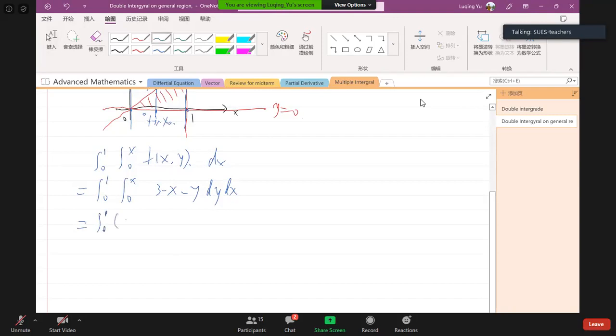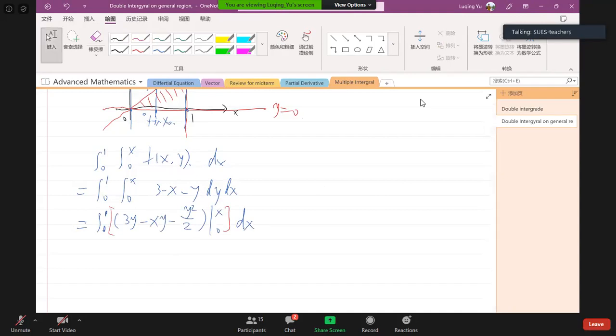So then the inside is going to be 3y minus xy minus y squared over 2, from 0 to x, dx. For this part, x is still constant.